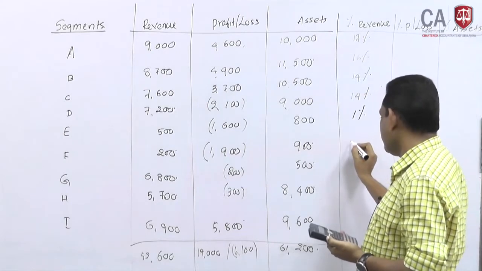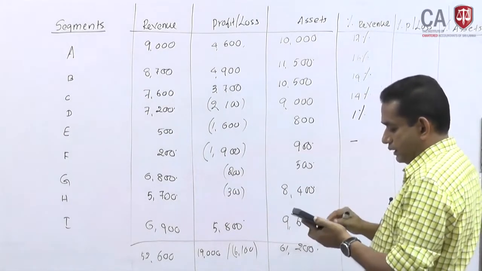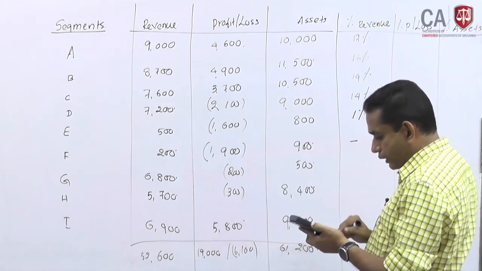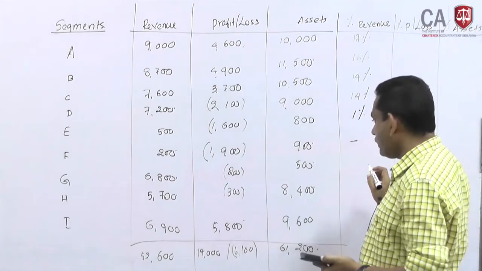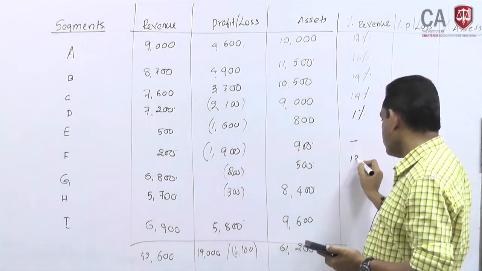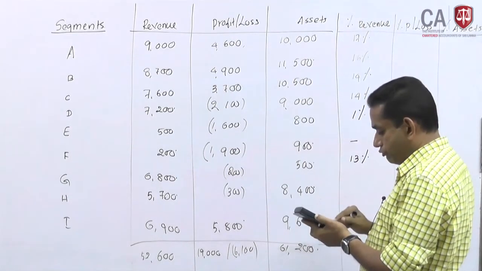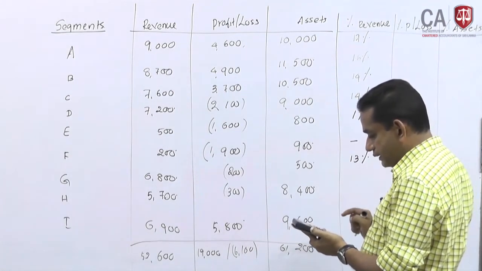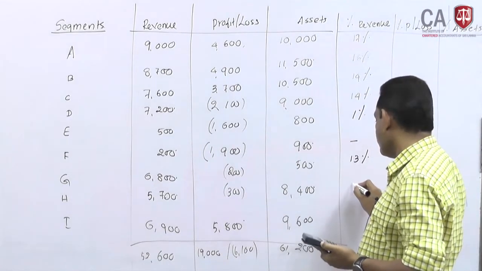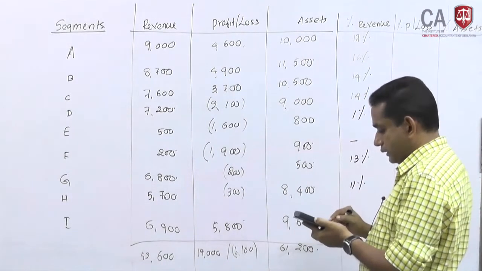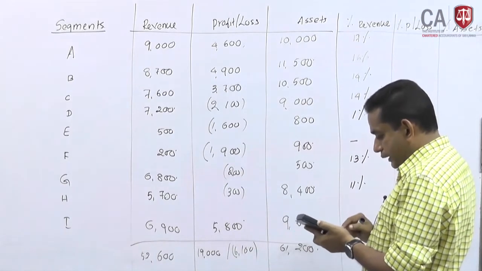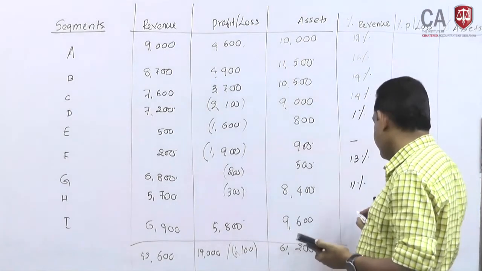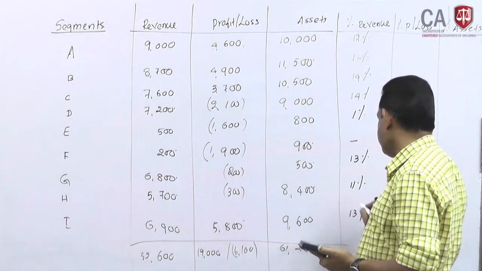Let me just put it as a 0, it is so negligible. 6,800 divided by 52,600 into 100, this is 12.9. So, let us round it off to 13%. 5,700 divided by 52,600 into 100, this is 10.8, we will round it off to 11%. 6,900 divided by 52,600 into 100, this is 13.1, we will round it off to 13%.